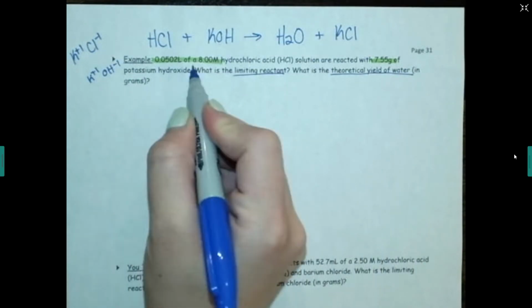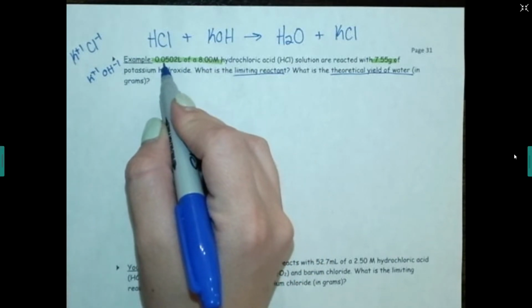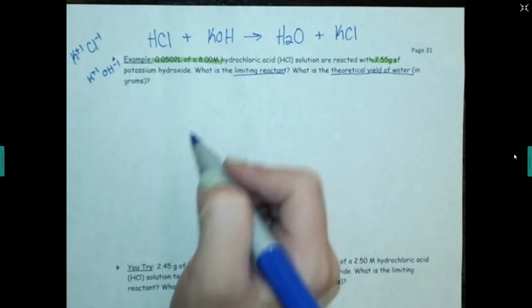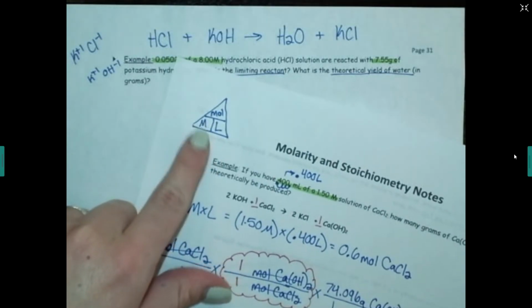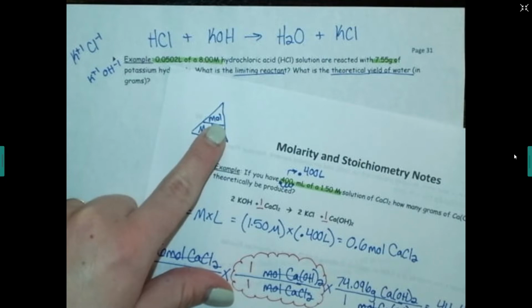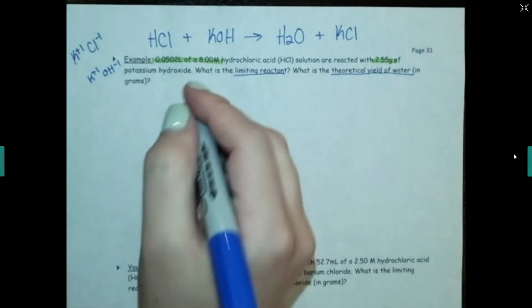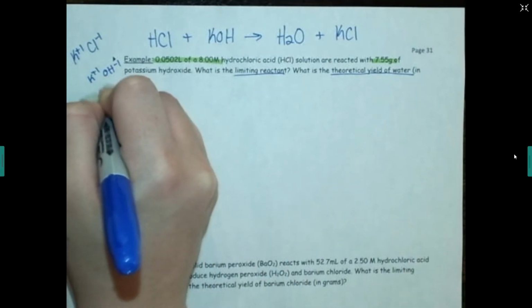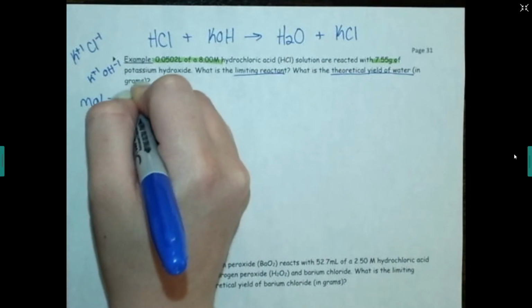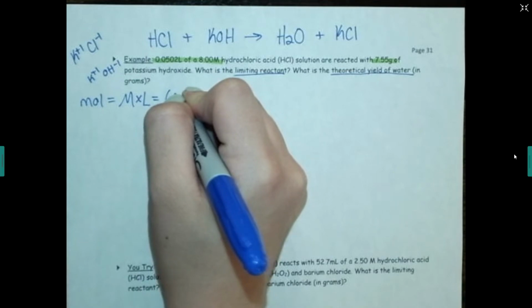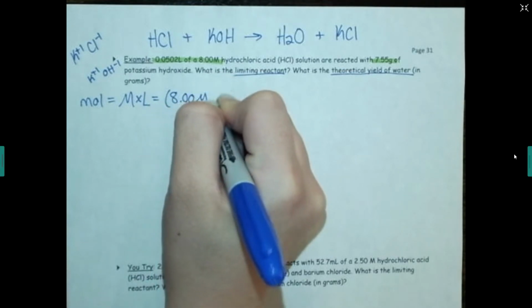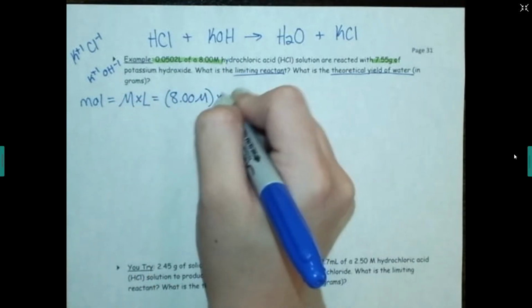Let's start off by looking at our hydrochloric acid. It tells us its volume, it tells us its molarity. And we know, because of what we just did on the front, if we have molarity and we have liters, we can figure out moles. So same as the front, our moles are going to equal molarity times liters. So let's do our molarity times our liters, and it's already in liters, so we don't have to convert it.